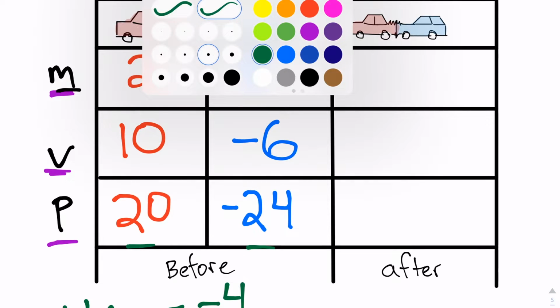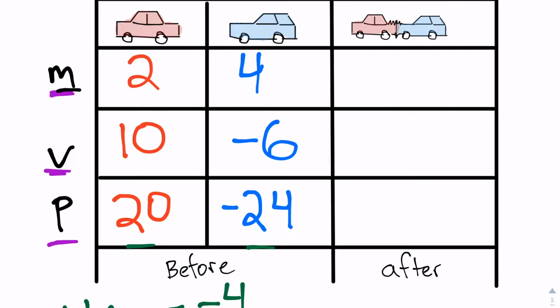What was the total momentum of the system before the collision? Well, it was negative 4 kilogram meters per second. It's going to be the same after. Negative 4 kilogram meters per second.